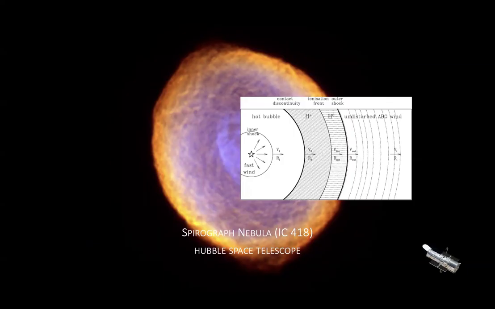And interior to that, in principle, you've got superheated gas from a shock with a characteristic shock velocity of a couple thousand kilometers per second. And if you just work out the math, 1/2 mv squared, where the mass is the mass of the hydrogen atom, equals kT, roughly speaking, you get a temperature that's about 10 to 100 million degrees in that inner region.